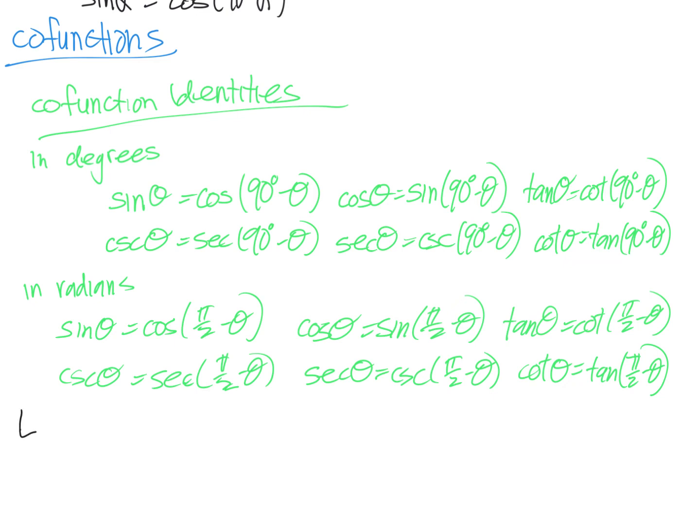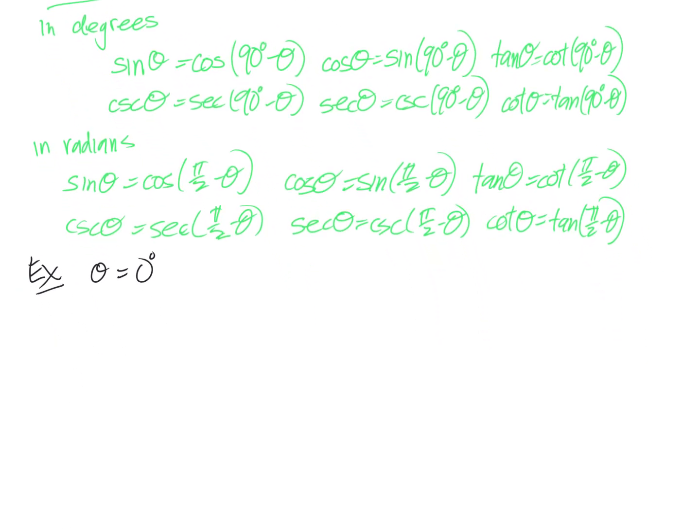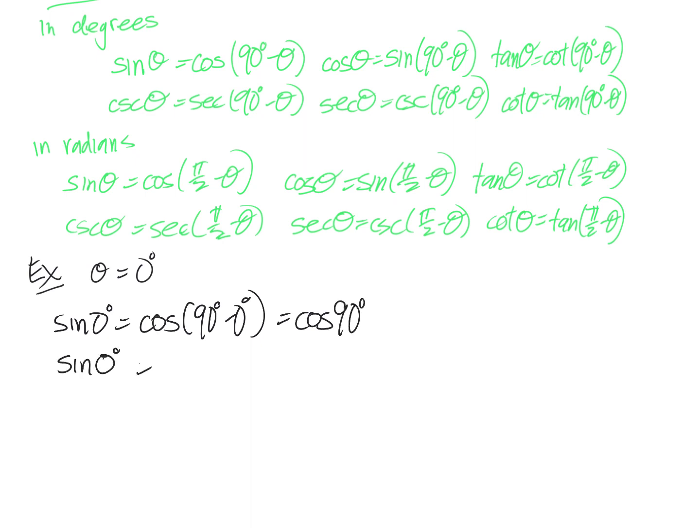So if we're to do a quick example, and we made the substitution, let's say let theta equal 0 degrees. So we're going to have sine of 0 is equal to cosine of 90 degrees minus 0 degrees, which is cosine of 90 degrees. So we have sine of 0 is cosine of 90 degrees.